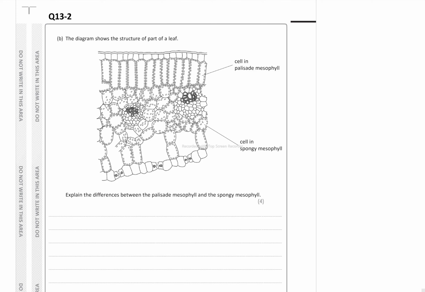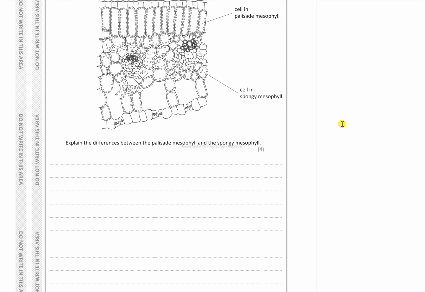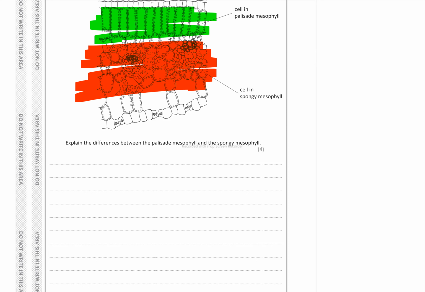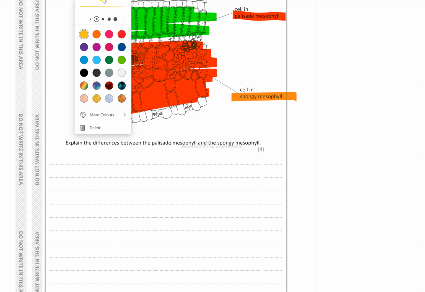Explain the differences in the, so you've got palisade mesophyll here, and then you have the spongy mesophyll. See, that's the correct name, palisade mesophyll, and this is spongy mesophyll. Right. Explain the differences.